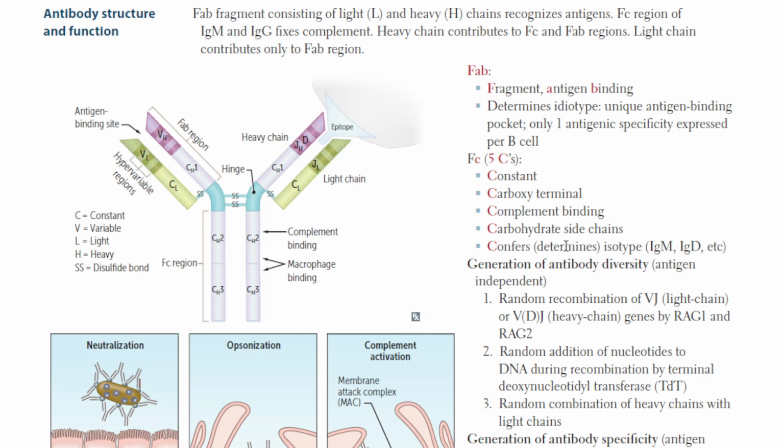That means it determines what type of immunoglobulin, that means it confers the isotype. Could be immunoglobulin M or immunoglobulin G. So depending on this region, this is going to turn into immunoglobulin M or D.